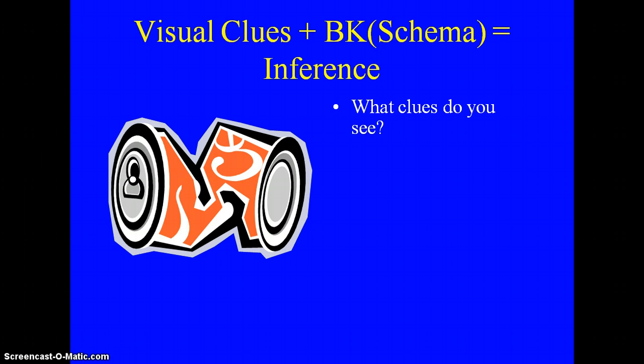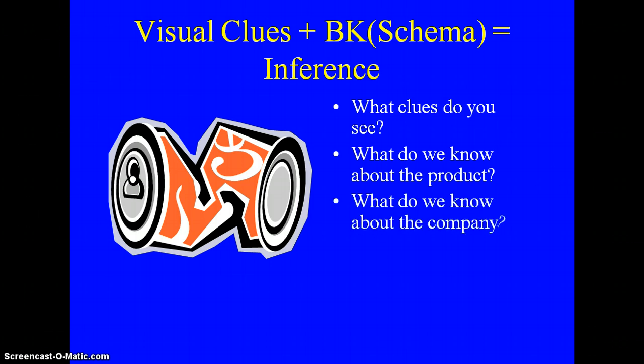Okay, as we look here, what clues do you see? Take a moment to write some of them down. We will talk about them in class tomorrow. What do we know about this product? We will discuss these things in class tomorrow, or you will use these things in class tomorrow. What do we know about the company?